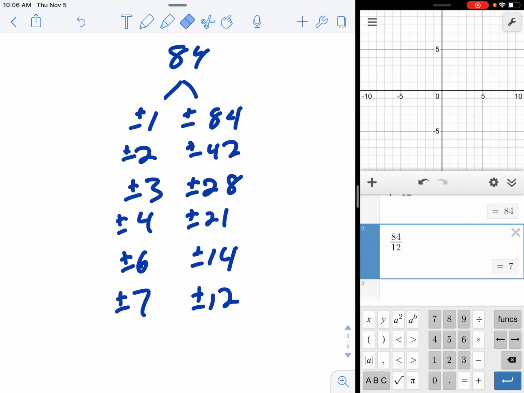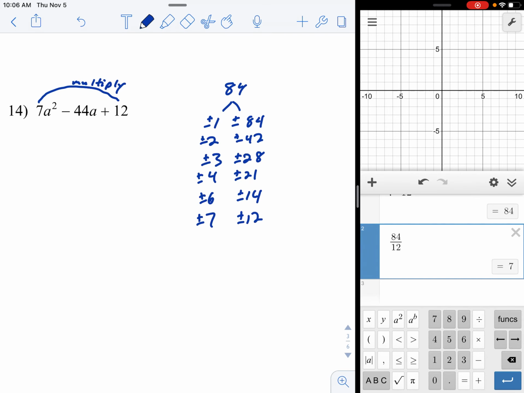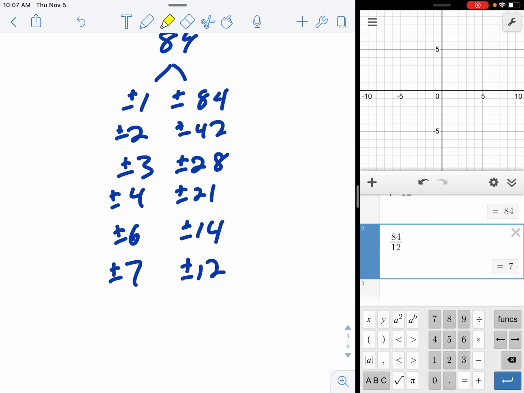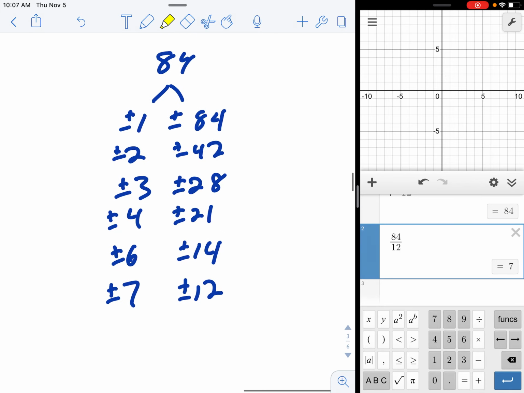So here's my chart. I used a calculator. Definitely use a calculator yourself if you need to. But now what we got to do is find a pair of numbers that will combine to negative 44. So out of this whole chart, do you see any numbers that will combine to negative 44? I see negative 2 and negative 42.